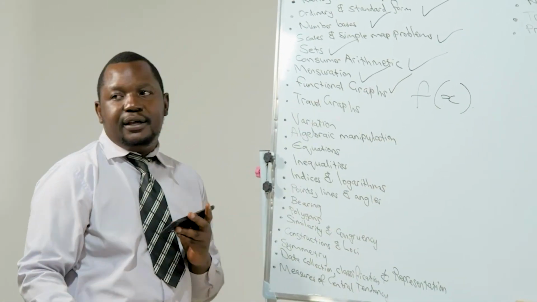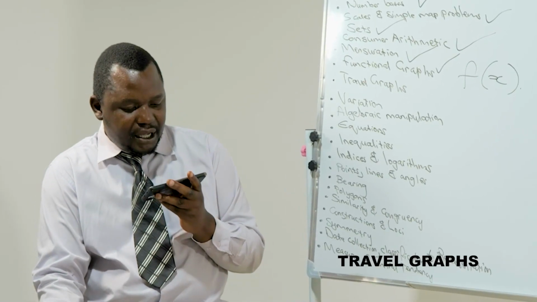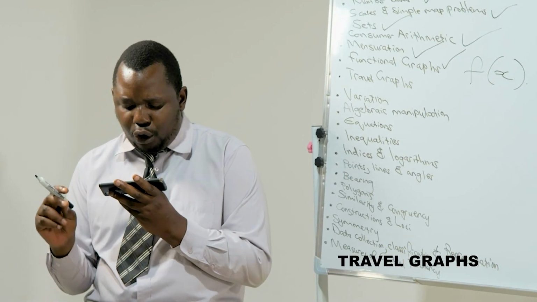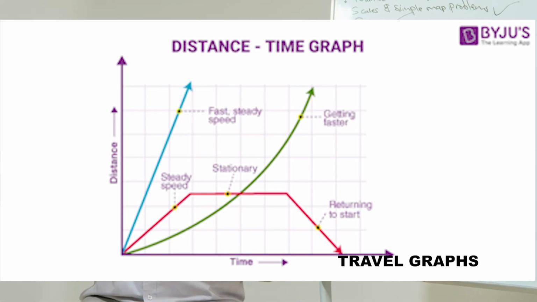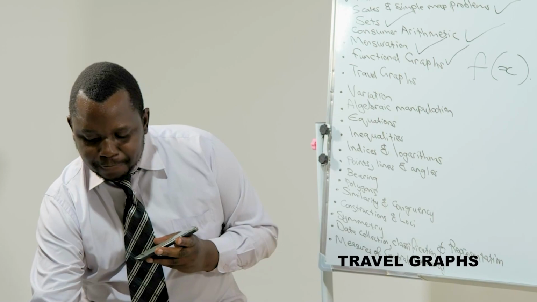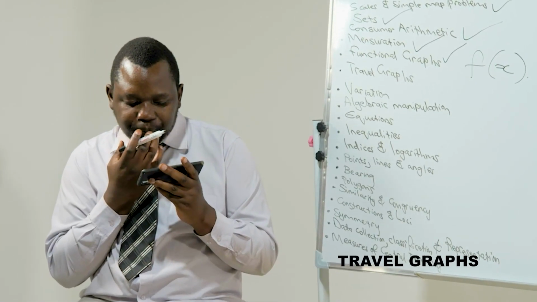Next, we go to travel graphs. Under travel graphs, the first objective, you need to draw distance time graphs, okay? And then you need to draw speed time graphs.